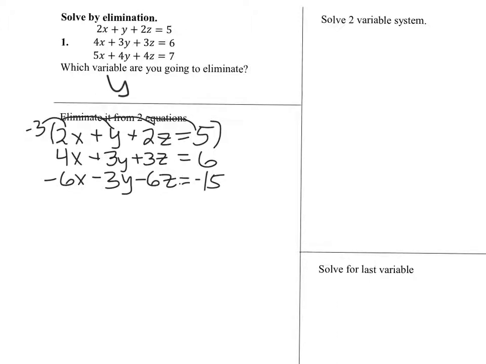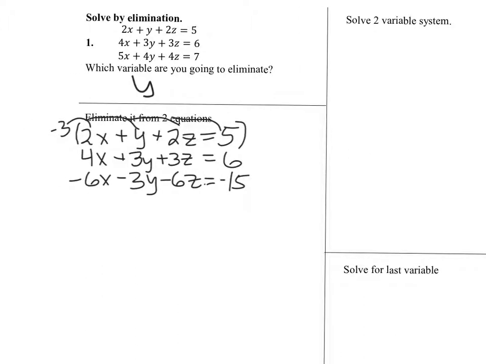All right, now, once you see that they have the same number but different sign, we're then going to add them together. So add them. So 4x plus a negative 6x is a negative 2x. A 3y plus a negative 3y is a 0, which is what we wanted. We eliminated the y's.